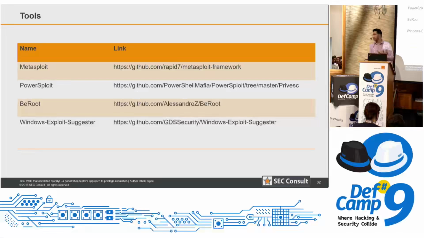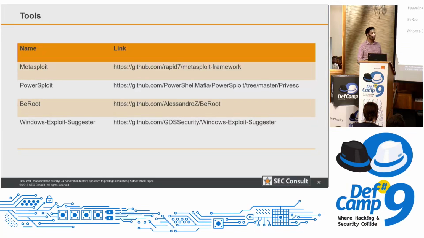Also, another very powerful tool is PowerSploit. So let's say unquoted service paths or weak service executable file permissions. There are scripts which do the research for you, so you don't have to do it yourself. Also, there is a tool called BeRoot, which is similar to PowerSploit, not that powerful, but it also fulfills its purpose.